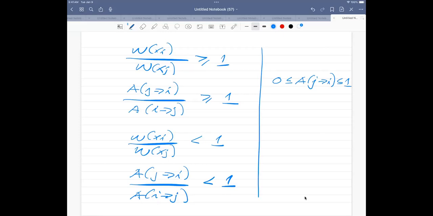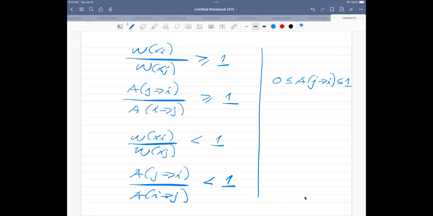You just put it to 1. Because then this one will be smaller than 1. If you put it to the max value, then you know that this one has to be smaller, so you put it to 1. You could have put it to other values, and people have played around with other values, but this has actually been shown to be the most efficient way of setting it up.